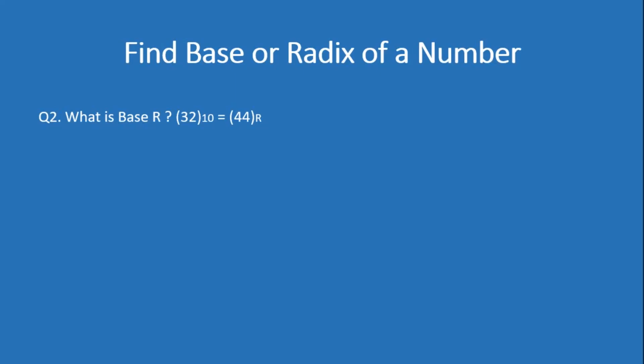For this type of question, first of all, we have to convert all the numbers into radix 10. Then we have to put all those radix 10 numbers in that equation, meaning in this relation, and we have to find the base r from the equation.